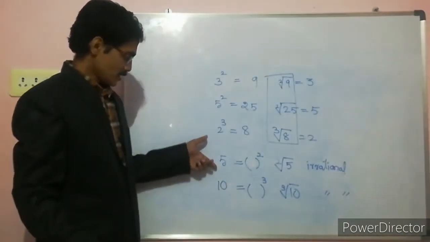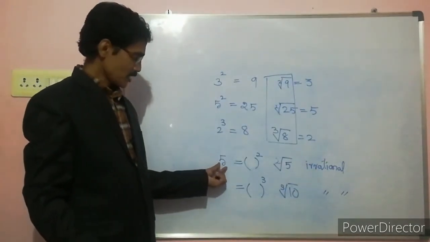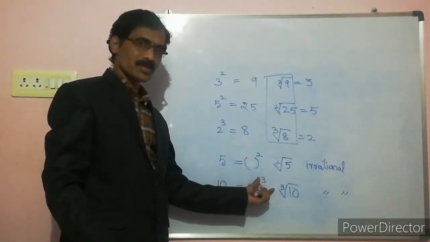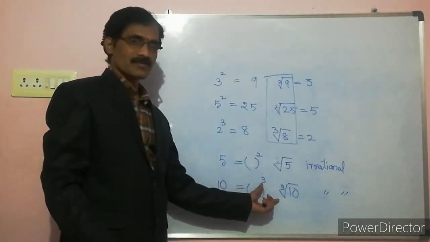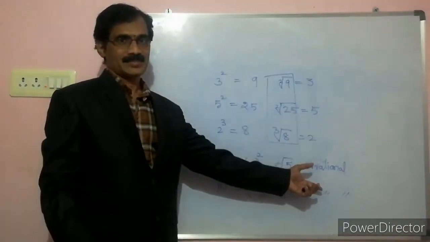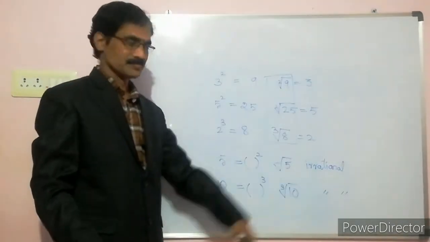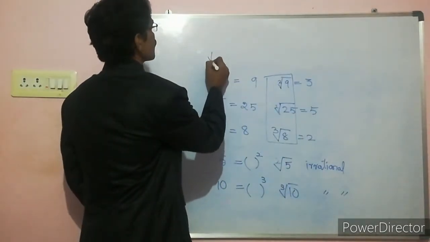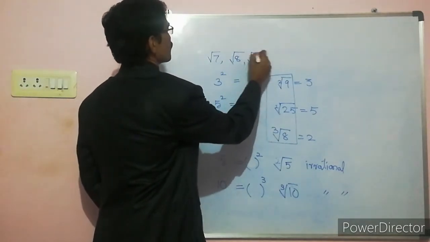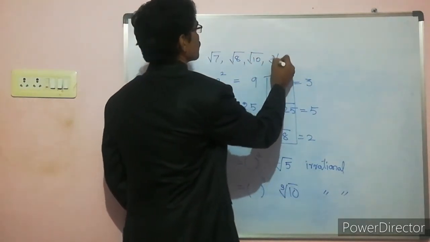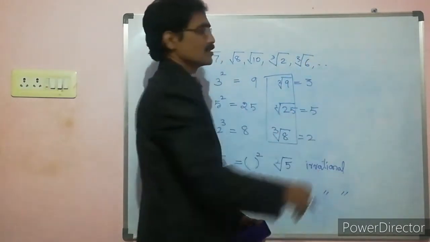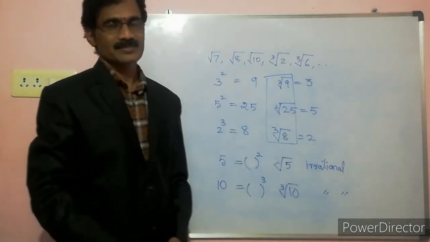So in this case, if you cannot write a number in the form of a square, or in the form of a cube, or in the form of 4th power, then you will get irrational numbers. In the same way, square root of 7, square root of 8, square root of 10, cube root of 2, cube root of 6, these all are irrational numbers.